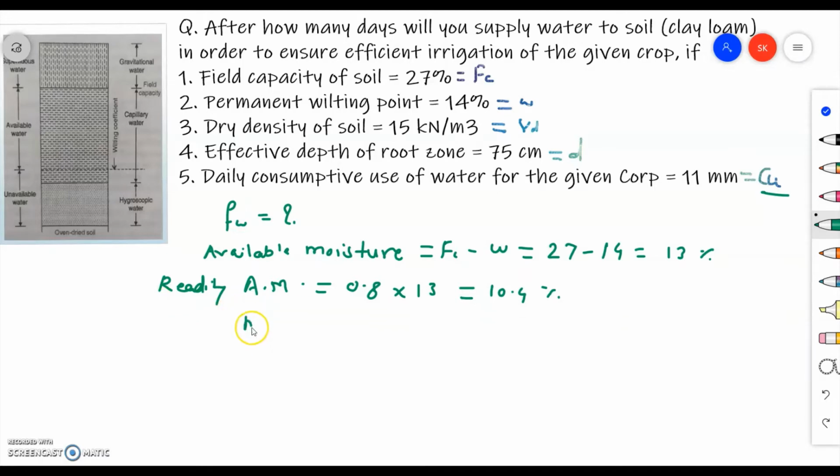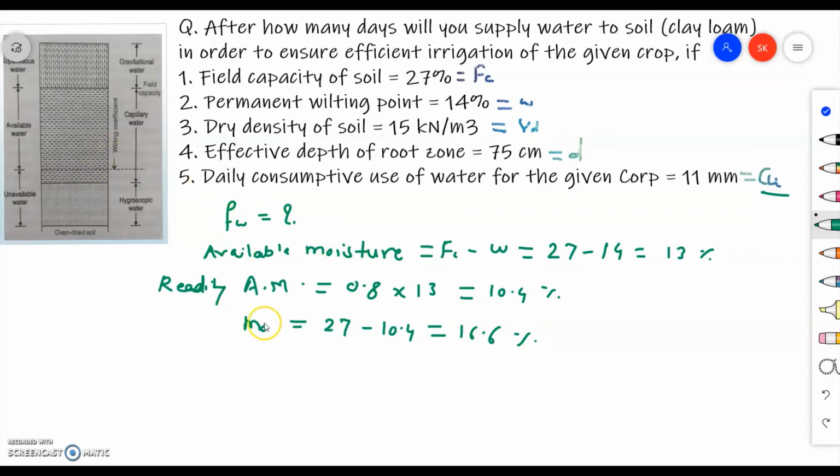So M0, the lower limit of readily available moisture, is equal to 27, which is field capacity, the upper limit, minus this 10.4. This 10.4 is the readily available moisture. So this 16.6% is basically the lower limit of readily available moisture.